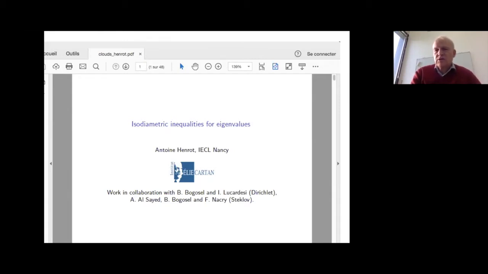This is referred to in the literature as the Hong-Krahn-Szego inequality, because three mathematicians discovered or rediscovered this property, which is quite easy to get just by considering and rearranging the two nodal sets of lambda 2 and using the Faber-Krahn inequality for each nodal set.